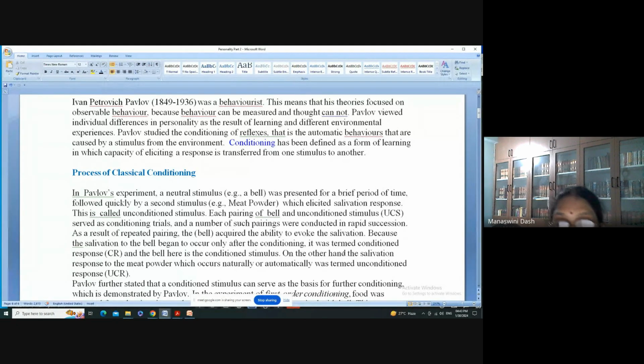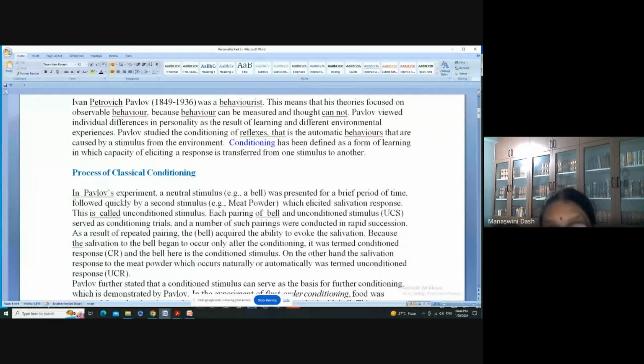After the establishment of association between the bell and the food, the dog begins to salivate. That's why the bell is termed the conditioned stimulus, the CS.